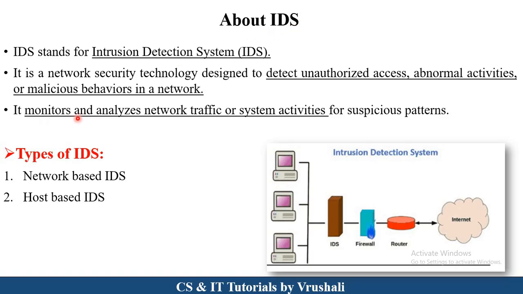IDS continuously monitors and analyzes network traffic as well as system activities according to their pattern. There are two types of IDS, network-based IDS and host-based IDS. See here in this diagram, they show the working of IDS. Any information exchanged from different devices to the network goes through the IDS.